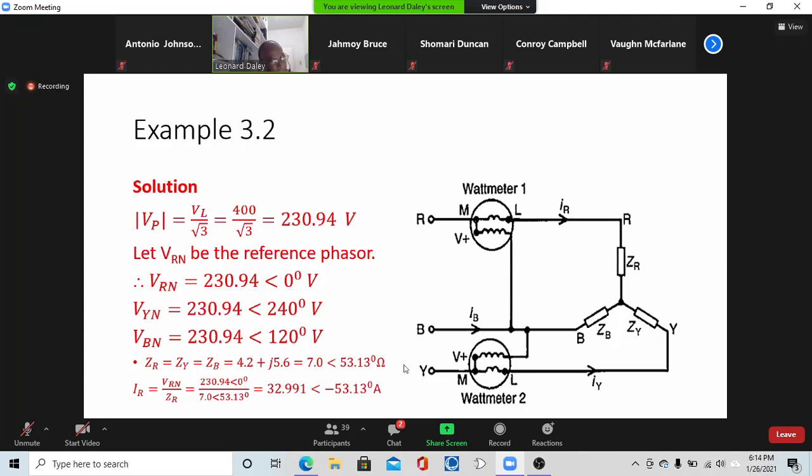All right. So if we get 34 for the magnitude, that's not too much off. Yeah, man, because you would have done some bad rounding off somewhere. What did you use as your phase voltage? 230.940. And what did you get for the phase impedance? I use the same 7 and 53.130.